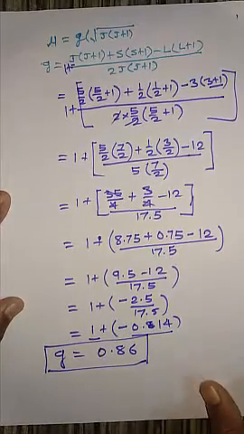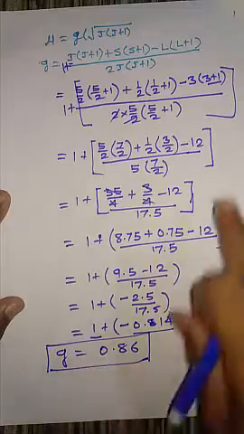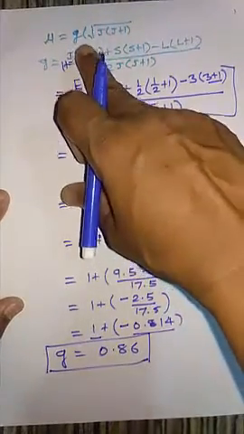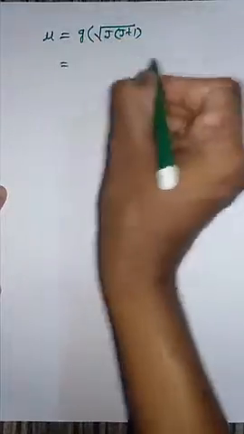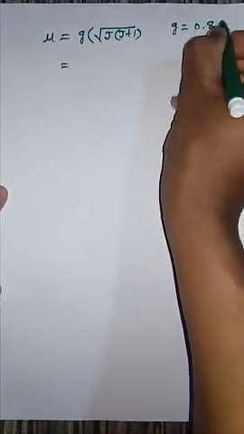Now we have to put this value of g into the equation. So our g value is 0.86.